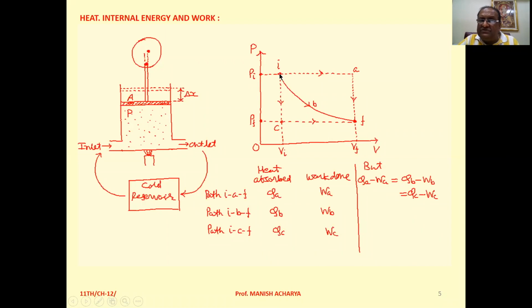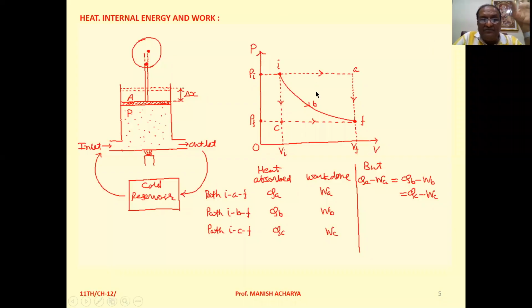Then if you choose the path IBF, the heat absorbed will be QB and the work done WB, different from the initial one. Then for the third path ICF, again the heat absorbed will be different, say QC, and the work done is WC. Clear to all of you?